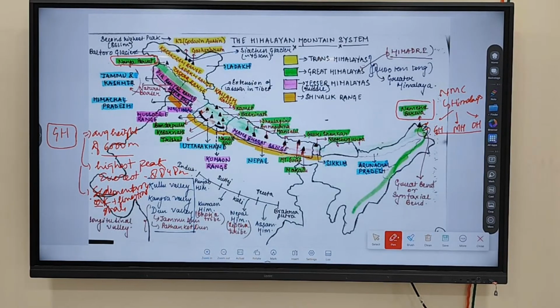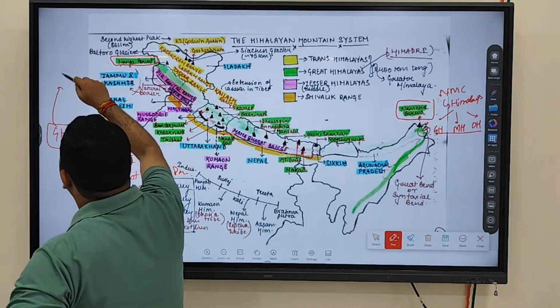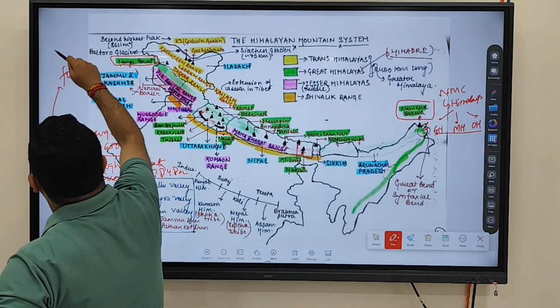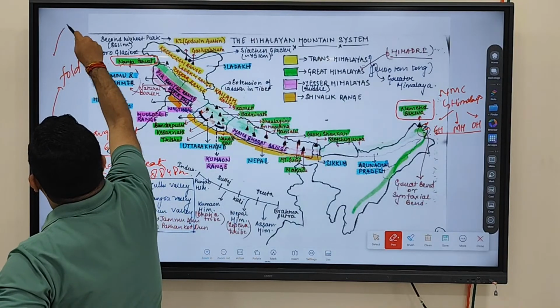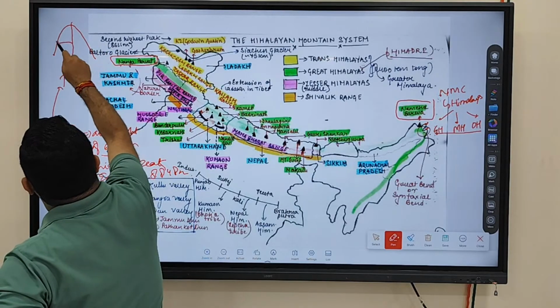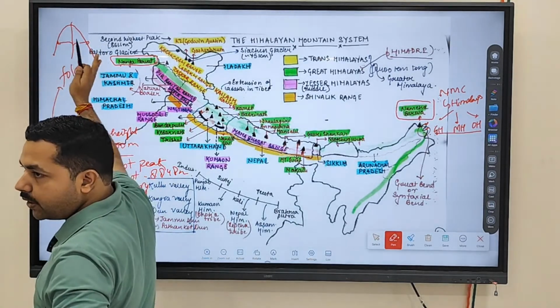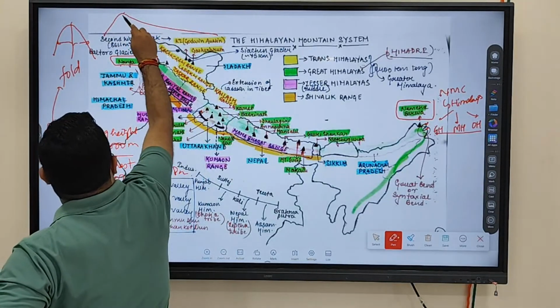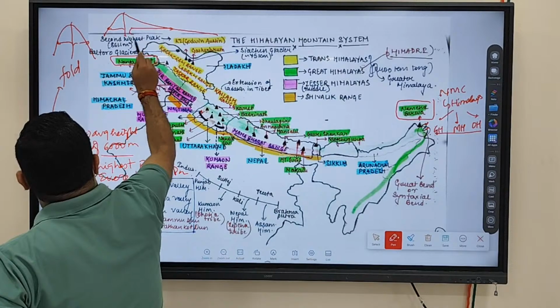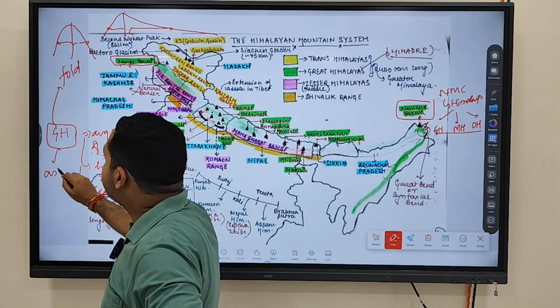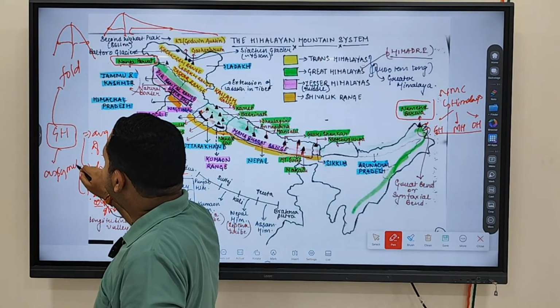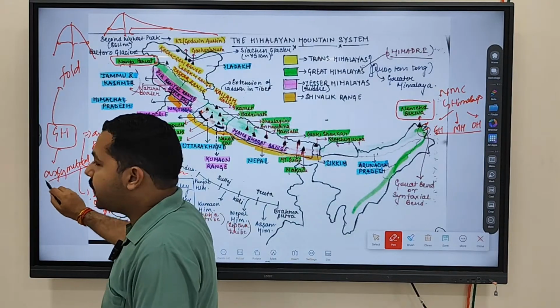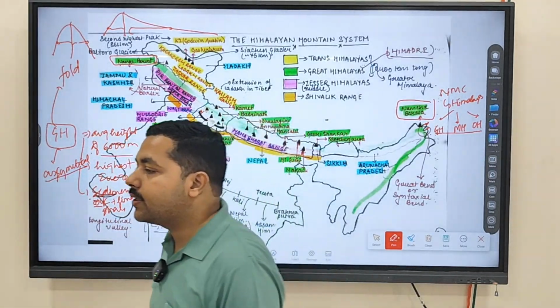Clear? Now what you see is the fold in this Greater Himalayas. The fold is not a symmetrical fold. Remember, a symmetrical fold is equidistant; this is more like an asymmetrical fold, like this. So asymmetrical folding is what you find in the case of Greater Himalayas.